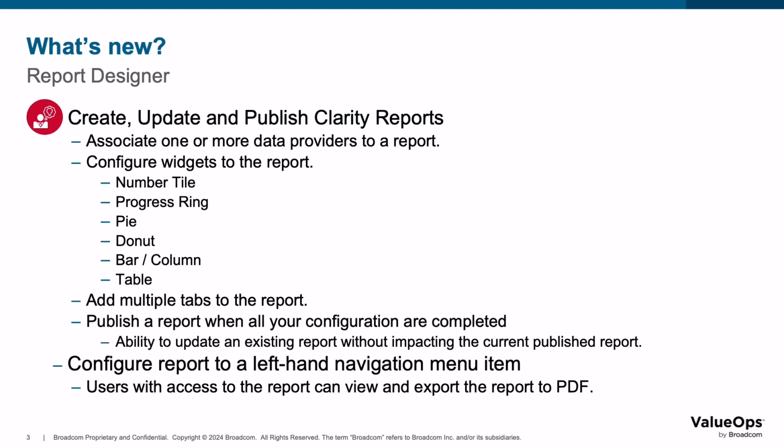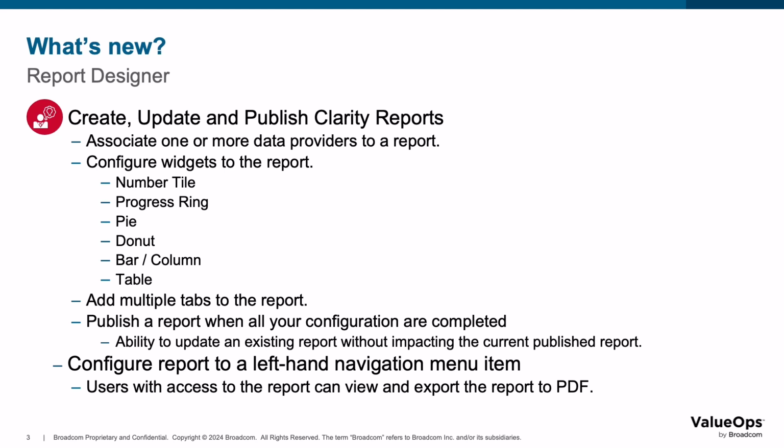So you can publish a report to your end users, and while it's published, you can edit the report without impacting it. And once you're ready, you can publish a new version, similar to our blueprint capability. We show that report to the end user by configuring it as a left-hand navigation menu item under System Options.